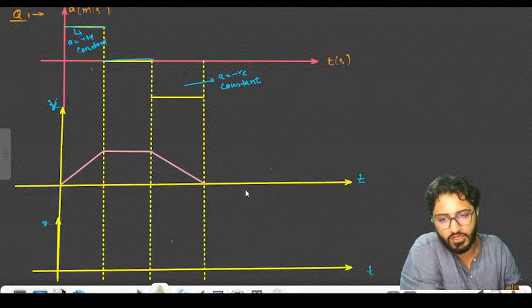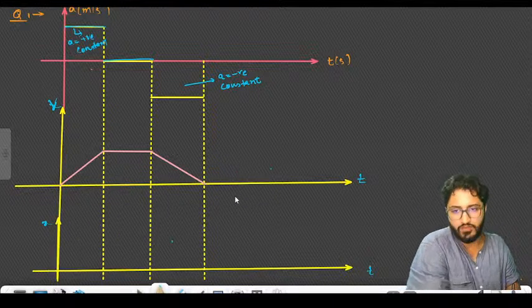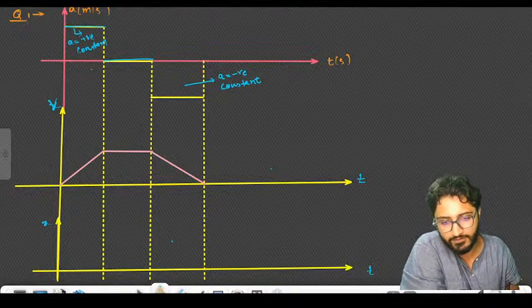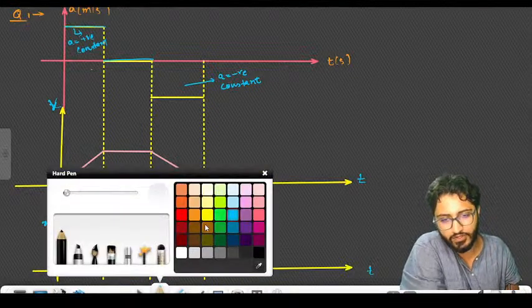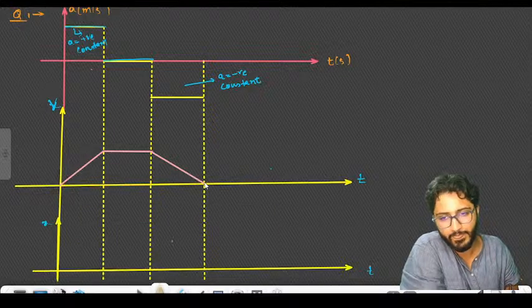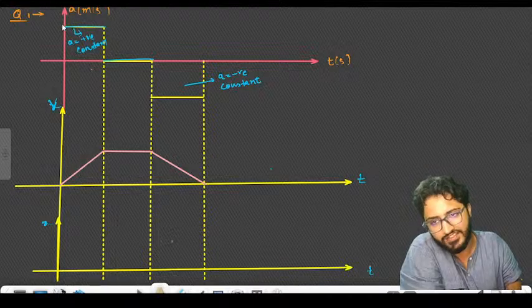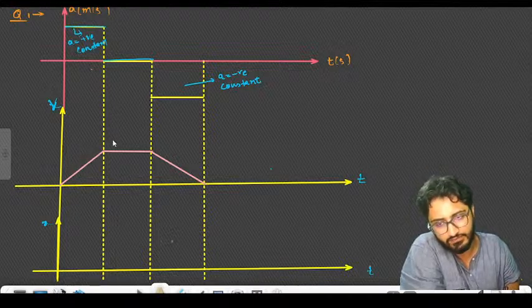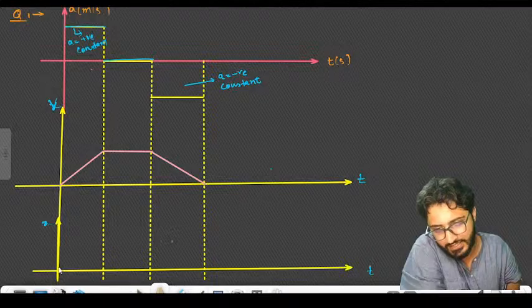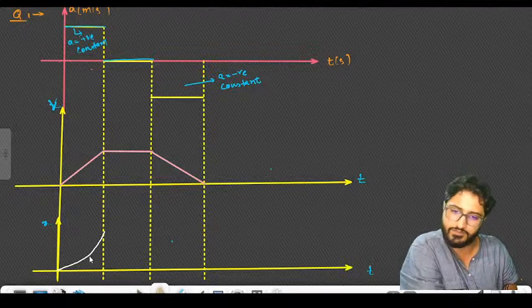If we talk about XT graph, okay, we'll change the color firstly. Look here, acceleration is constant, velocity is increasing. So what about my XT? It will be increasing in this way.